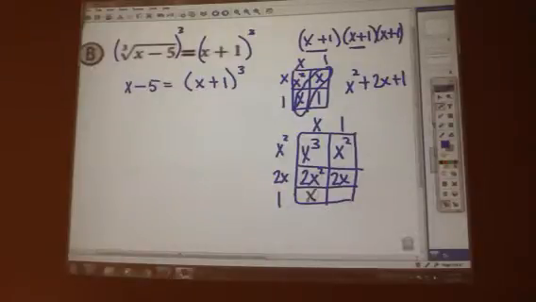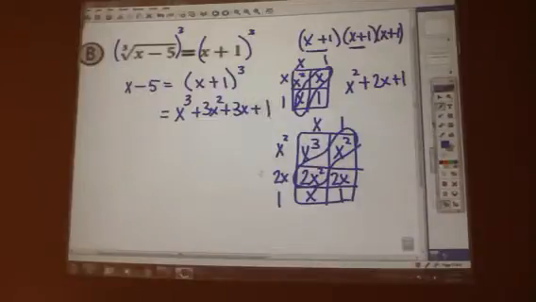X times 1 is x. 1 times 1 is 1. So when I add like terms, I get x cubed. These two will add together, plus 3x squared plus 3x plus 1 equals x minus 5.